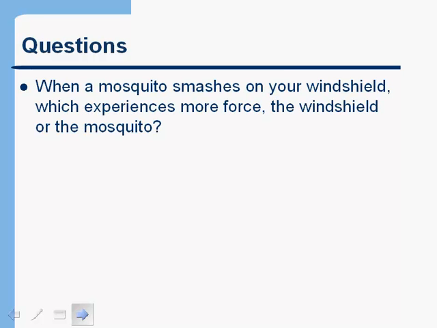When a mosquito smashes on your windshield, which experiences more force, the windshield or the mosquito? Well, according to Newton's third law, the forces are equal. Now, if you ask most people who haven't had a physics course, they'll say the mosquito experiences the greater force.